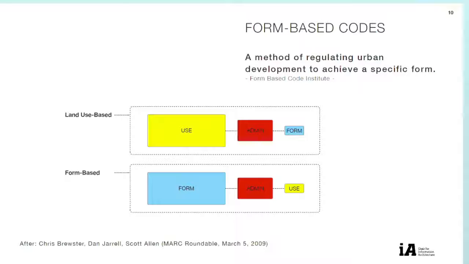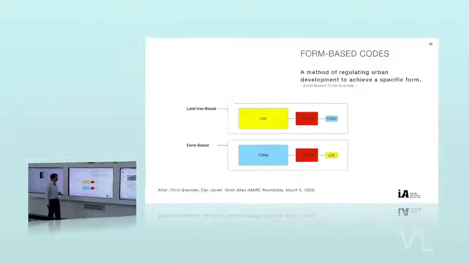So what is the main difference between form-based codes and the traditional approaches that we have here? With the land use-based zoning law and so on, you're mainly concentrating on the use. How is the use distributed along your city? And what are the processes to put it later on in form?